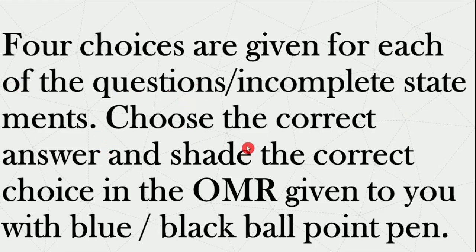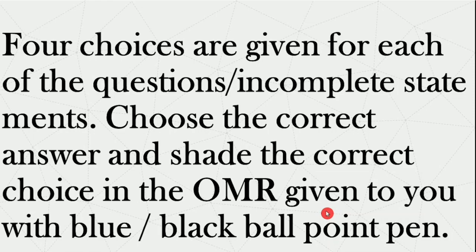Choose the correct answer and shade the correct choice in the OMR given to you with blue or black ball pen point. If you know the correct answer, then only you can mark in the OMR sheet, and for one question you have only 1 mark. If you are marking twice, it is invalid. They are not taking it into the count.